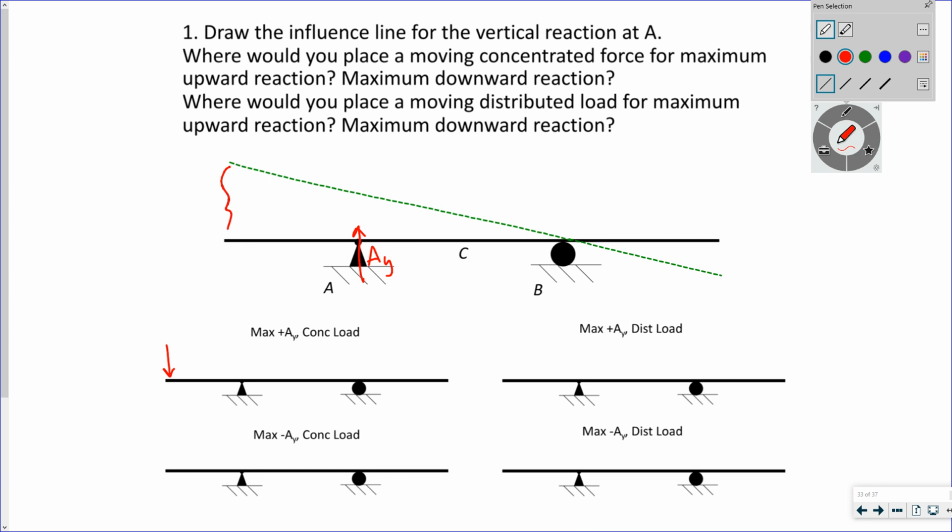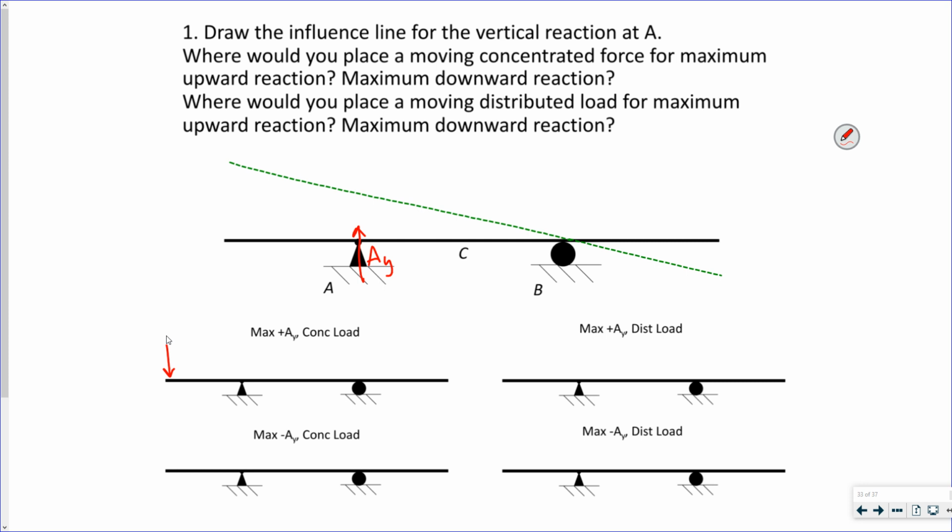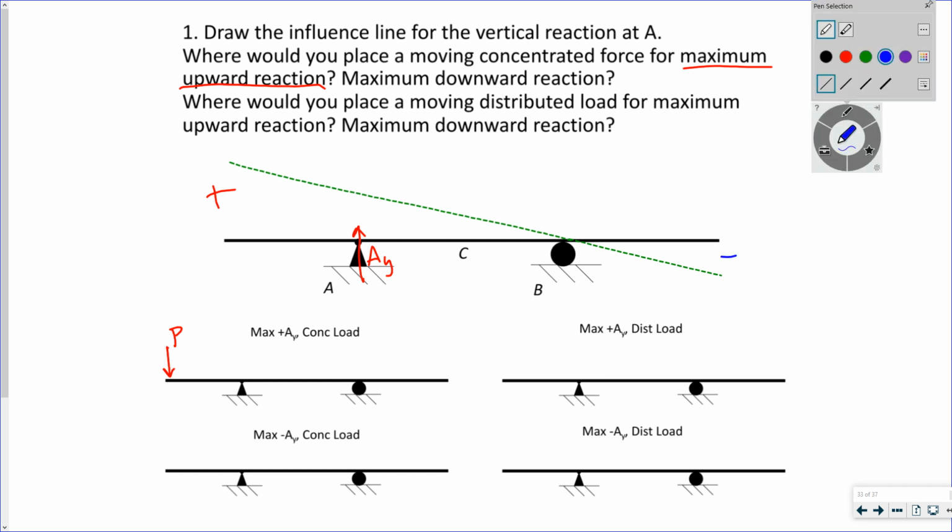Because this value looks a lot bigger than that value. Maximum upward reaction, right? And this is positive and this is negative. What about if I had a negative reaction? Downward reaction. Negative? And put it over here. Alright?